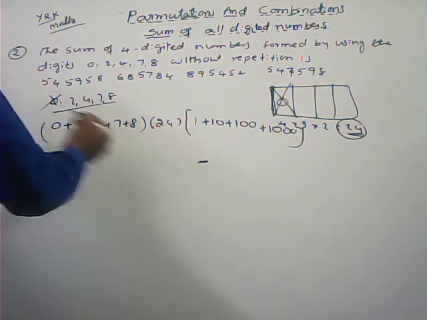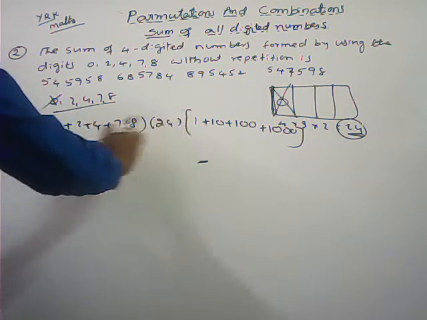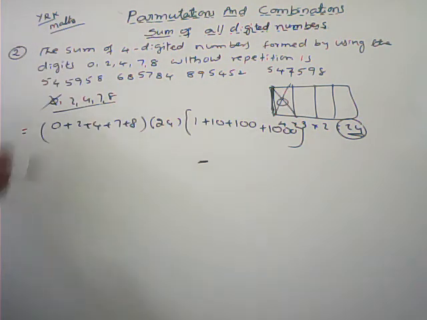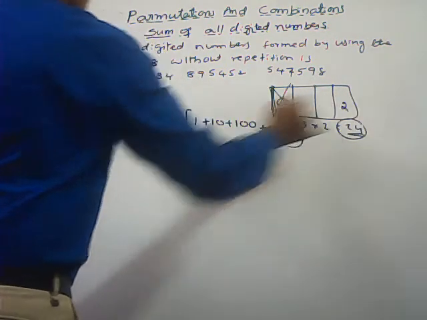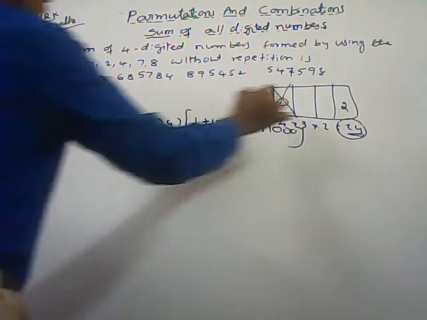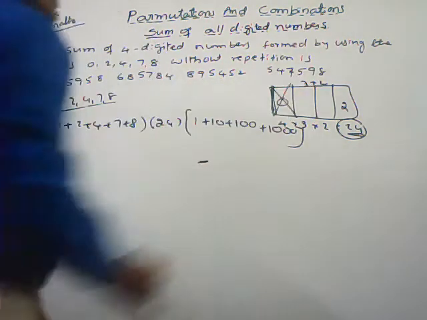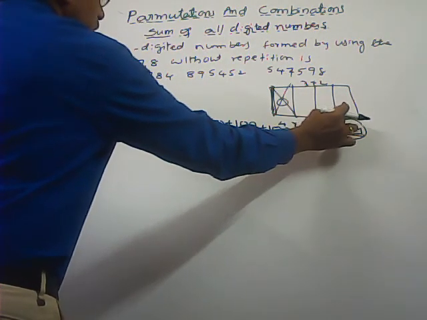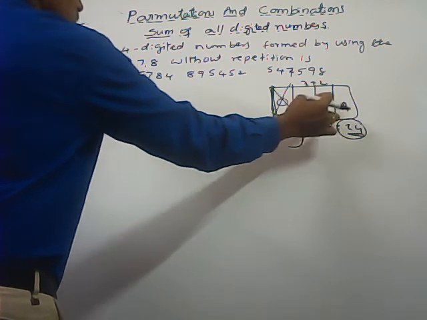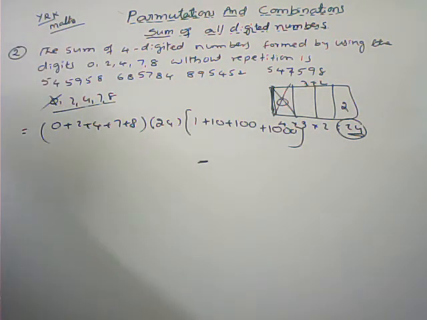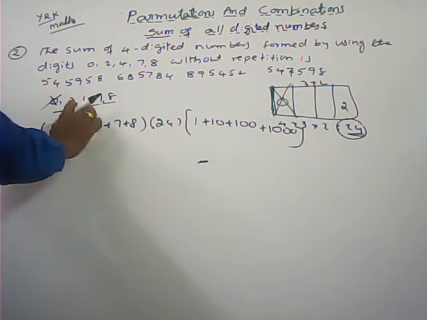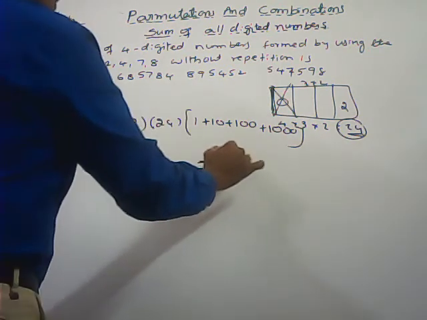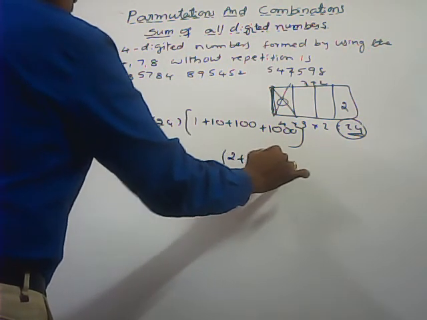See here, why? Because here 0 is also there in the first place. Those are the numbers we are subtracting only. For example, if I keep 2 here, this one can be filled in 3 ways, this one can be filled in 2 ways. So in whatever place, if I keep 2 in the units place, it repeats 6 times, in the tens place also 2 repeats 6 times, in the hundreds place also 2 repeats 6 times, and 4, 7 and 8 also the same only. 2 plus 4 plus 7 plus 8.